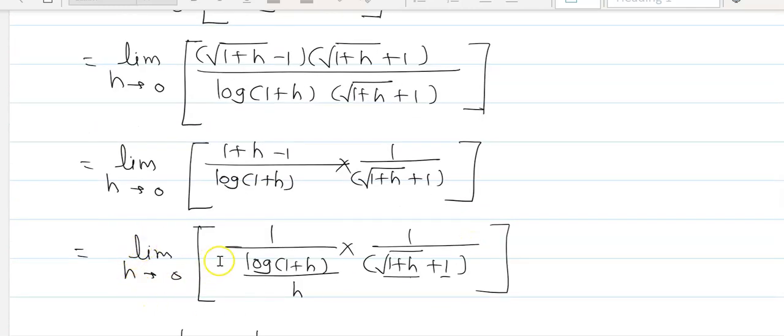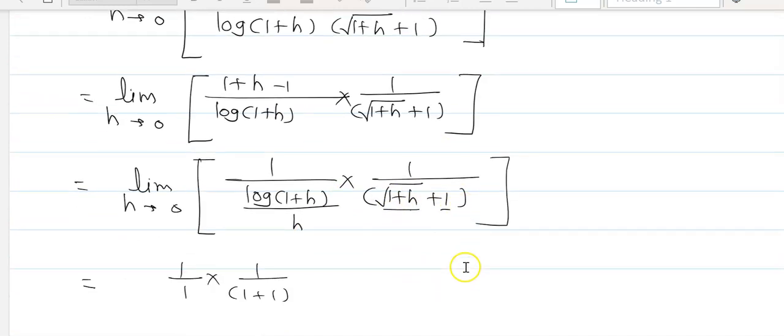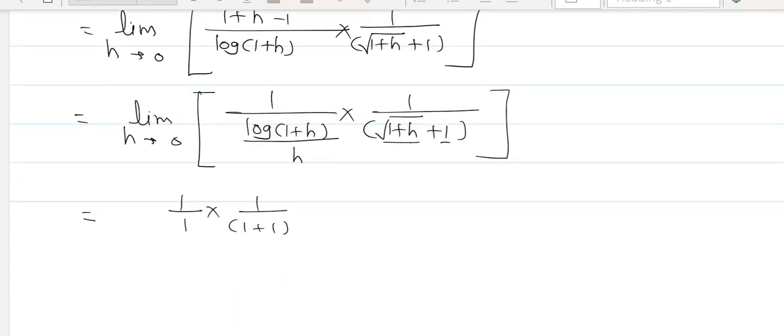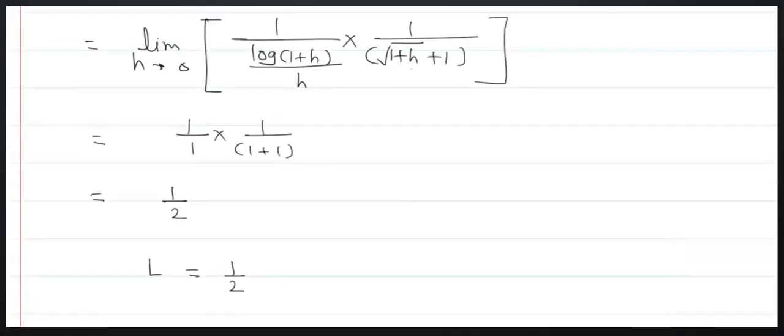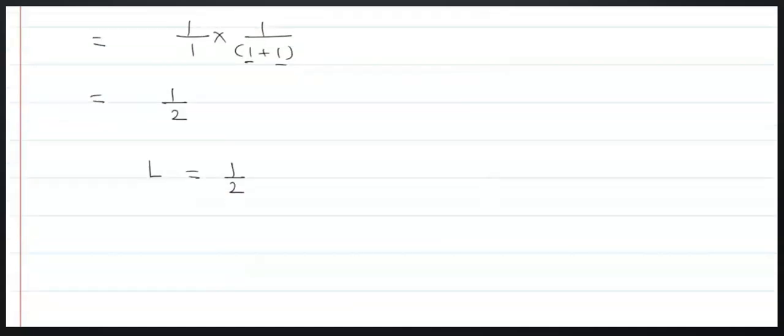Therefore, limit h tends to 0, 1 upon (log of 1 plus h upon h) into 1 upon (root of 1 plus h plus 1). As h tends to 0, you will get 1 upon 1 into 1 upon 1 plus 1, that is equal to 1 upon 2. Therefore, L is equal to 1 upon 2.